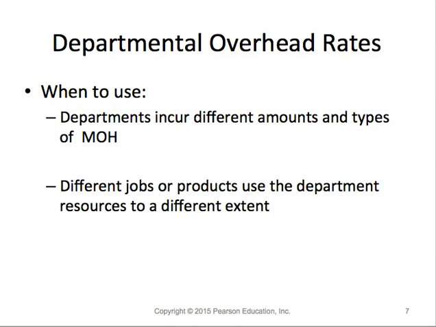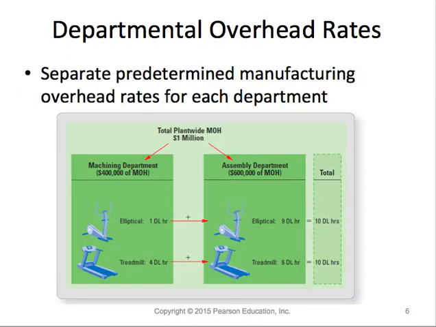Just a little bit of explanation. When do we use departmental overhead rates? When departments incur different amounts and types of manufacturing overhead, as we see here. Assembly and machining departments are going to have different manufacturing overhead. For machining it is 1 hour, for assembly 9 hours, so the total is 10 hours. And machining is 4 hours here, and 6 hours, also 10 hours. But the total machine hours here is 5.